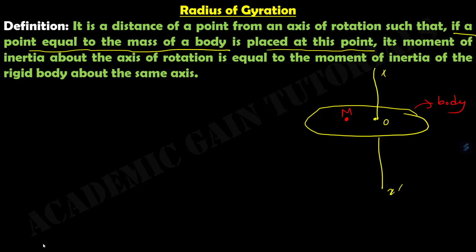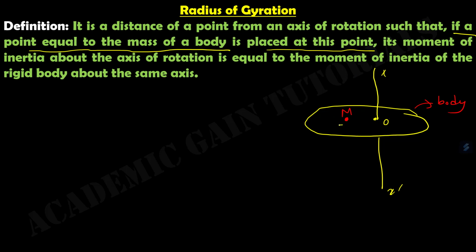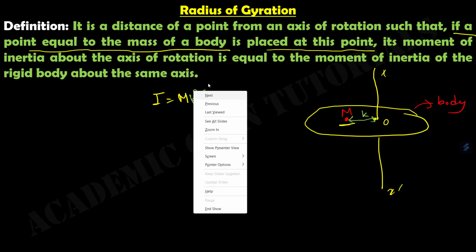So if we find the moment of inertia of this point, we know the moment of inertia is m, and suppose we represent this distance from the axis as k. We know moment of inertia is mass into distance from axis of rotation squared.